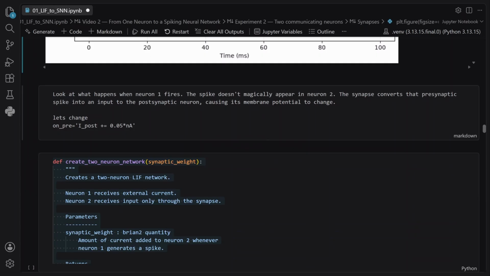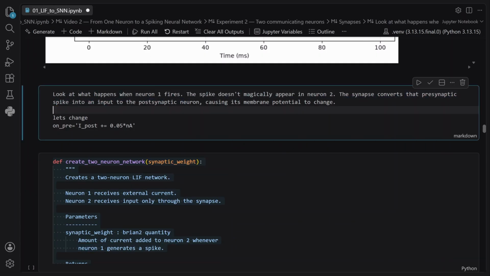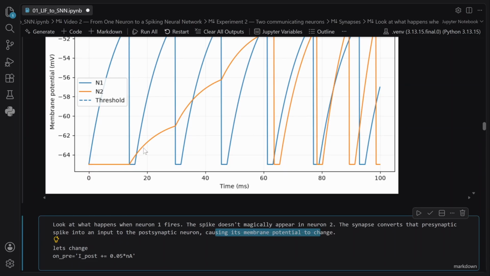So what happens? When neuron 1 fires, the spike doesn't magically appear in neuron 2. The synapse converts the presynaptic spike into input to the postsynaptic neuron, causing its membrane potential to change. You're seeing this rise here.